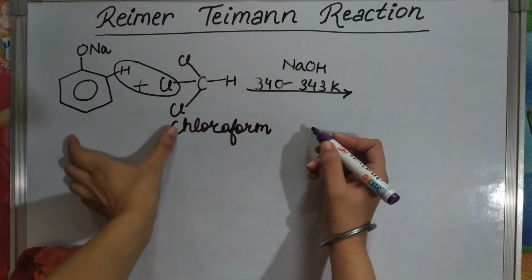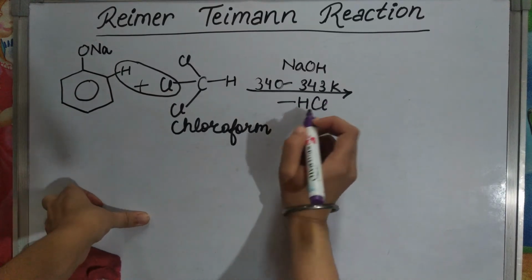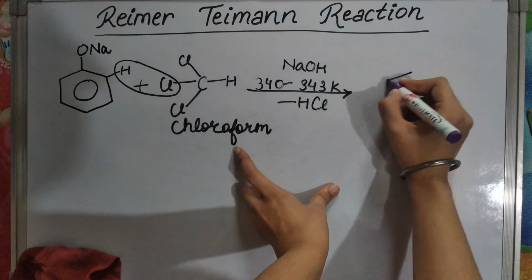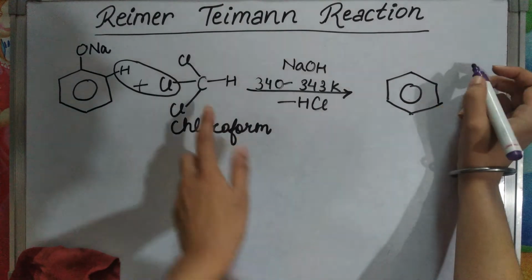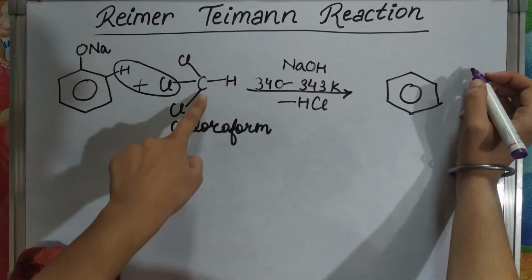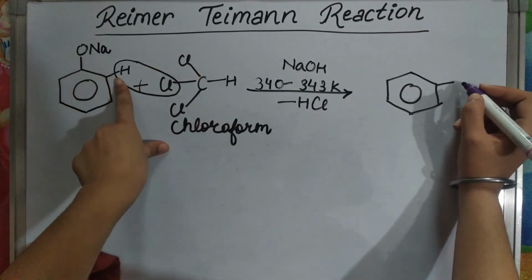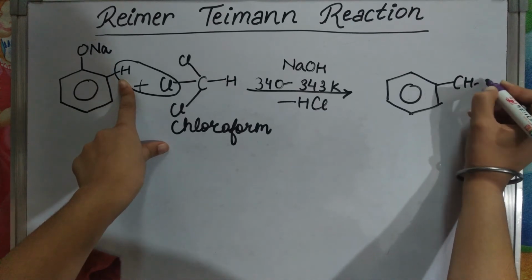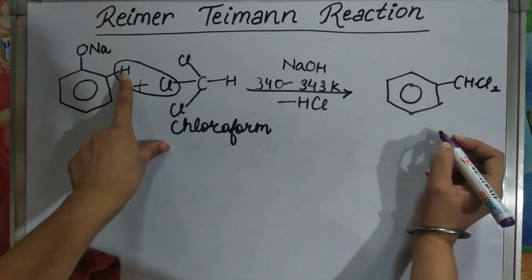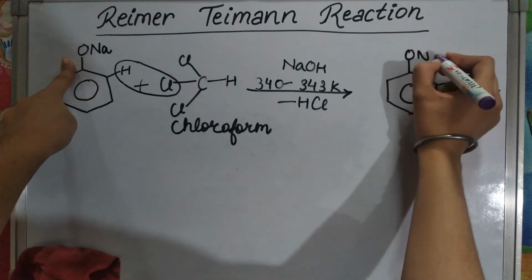Now from these two molecules we can remove HCl and the product will be this. Here the remaining part of chloroform, that is CHCl2, attaches on this position of sodium phenoxide. Here we get CHCl2 and the ONa part of sodium phenoxide remains same.